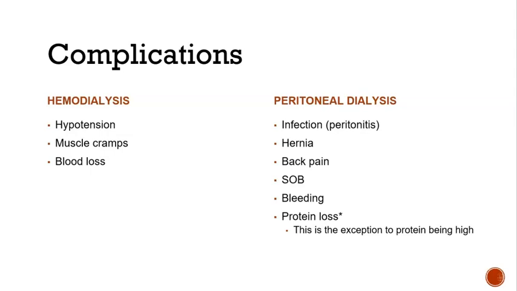And all 3 of those things are related to an increase in fluid pressure from the dialysis solution. So all of that pressure can cause a hernia, back pain, or even shortness of breath if their diaphragm can't expand as easily. We also worry about bleeding from the access site, and we worry about protein loss.